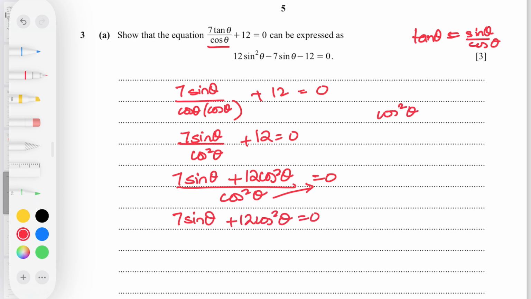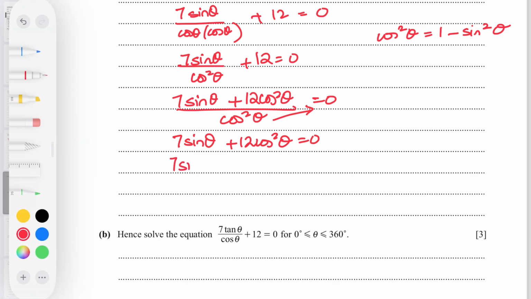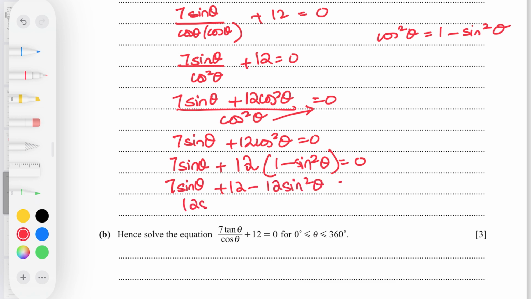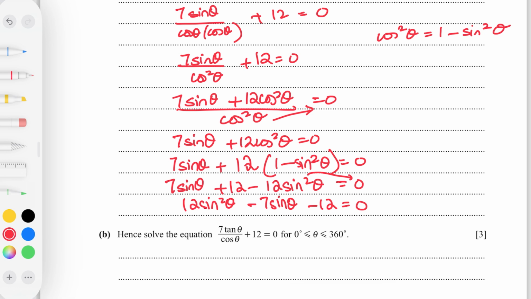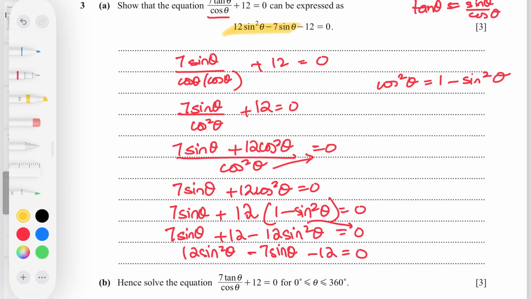Can I write cos square theta as 1 minus sine square theta? I took the minus sign common, or you can say I shifted everything to the other side because 12 sine square was negative. And this is exactly what they want us to prove.